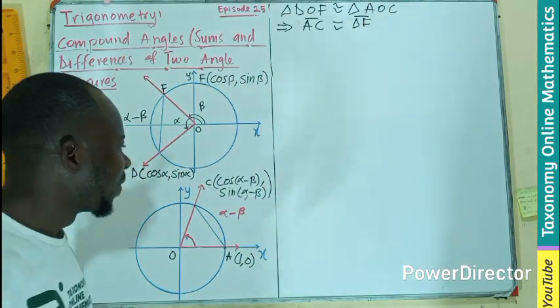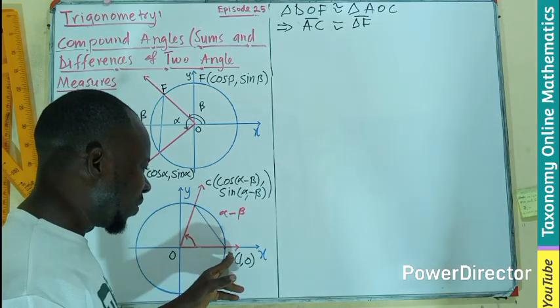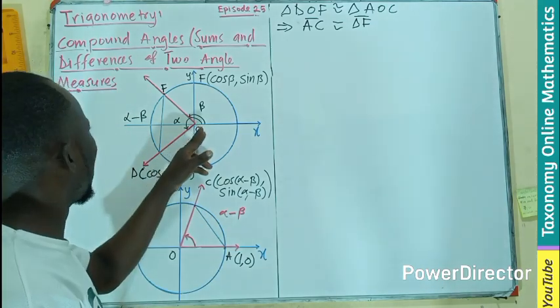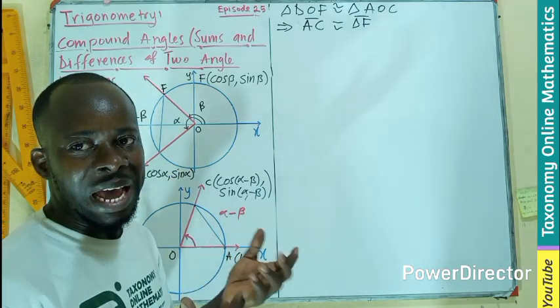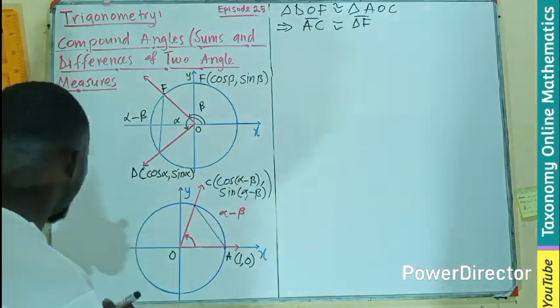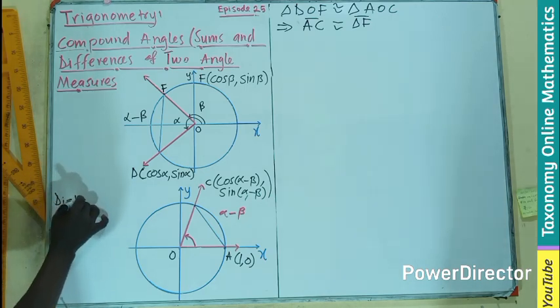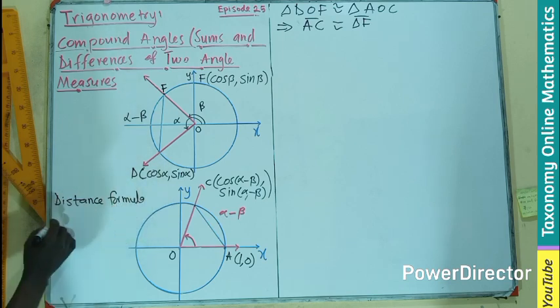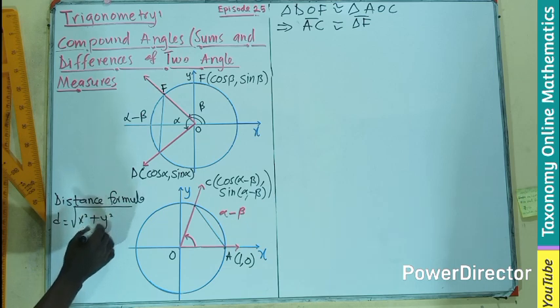Right? Good. Then we can find the length. It means that the length of AC will be equal to the length of what? DF. And how do we find the length of a line? From 2 points. We know the length of a line, or the distance formula. Let me just say the distance formula is the distance equals the square root of x2 minus x1 all squared plus y2 minus y1 all squared.